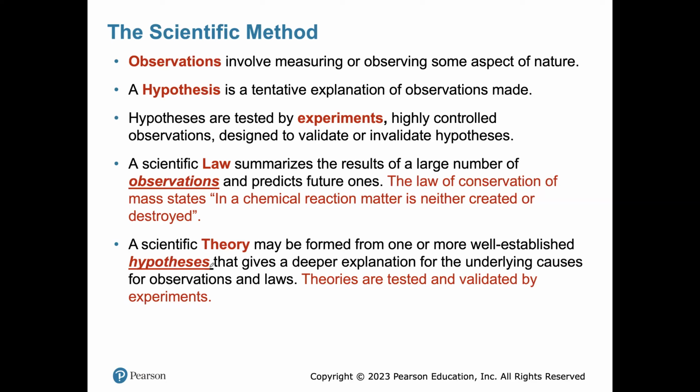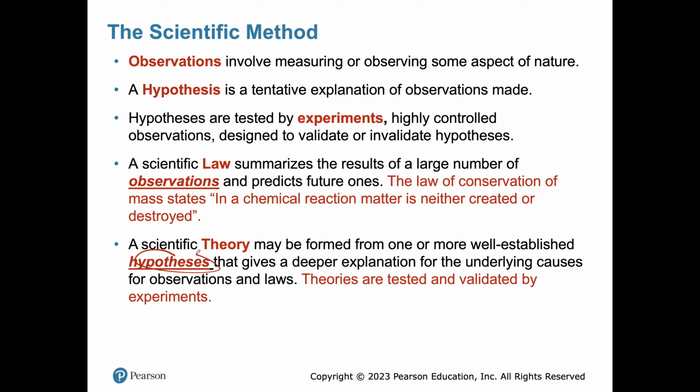A scientific theory is formed by one or more well-established hypotheses that give a deeper explanation for the underlying causes of observations and laws. Theories are hypotheses, so they can be tested and retested and validated by experiments.